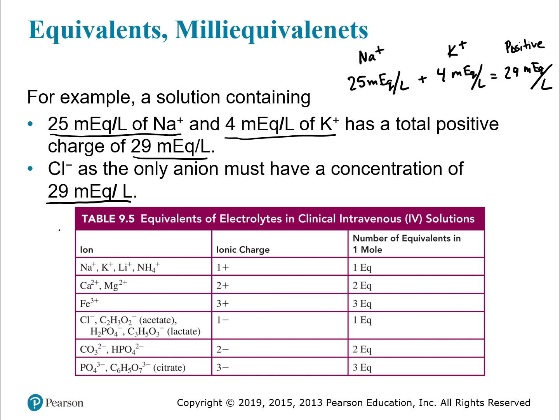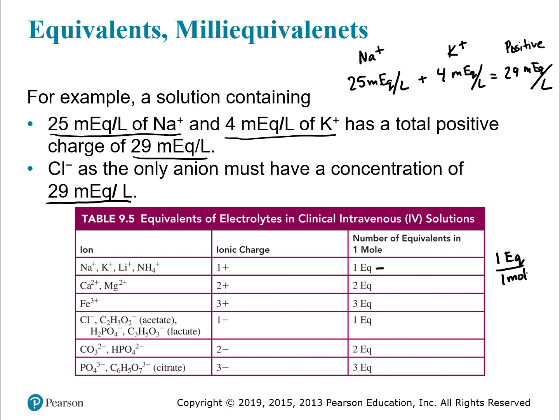What's underneath this is a table that gives examples of the ionic charges and the number of equivalents in 1 mole of the substance. So if you have something that's got an ionic charge of 1, it's going to be 1 equivalent per mole. That looks suspiciously like a conversion factor.